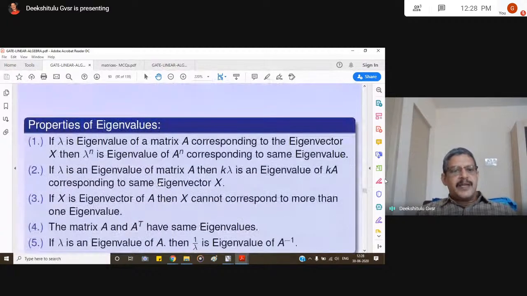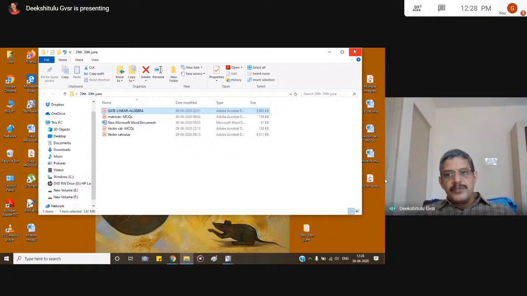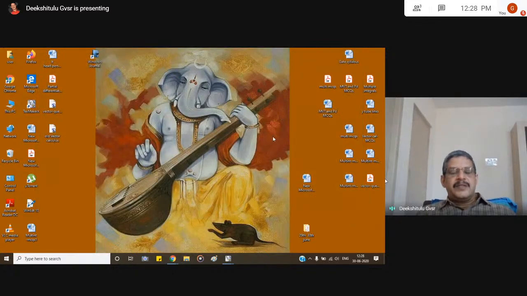We'll discuss the properties of eigenvalues and eigenvectors, and then we have to discuss GATE problems, previous question papers in matrices and linear algebra. Tomorrow we will discuss those two issues. We will finish off eigenvalues, eigenvectors, and previous GATE question papers. What are the questions that are given in linear algebra in previous GATE question papers?